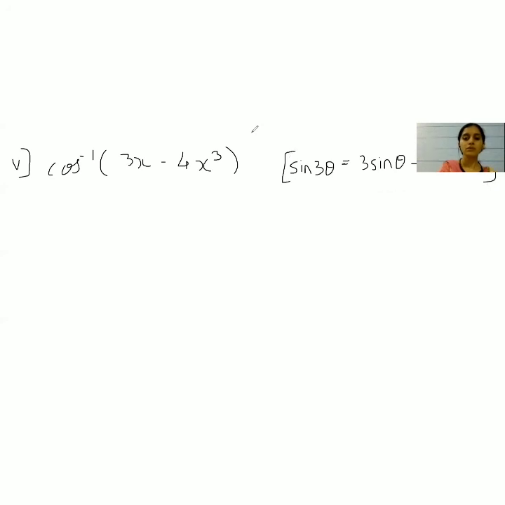Can I use this identity, sine 3 theta, 3 sine theta minus 4 sine cube? So, only in place of x, I have sine theta here. So, I'll just do the substitution. Let x equal to sine theta. Therefore, theta is equal to sine inverse of x.